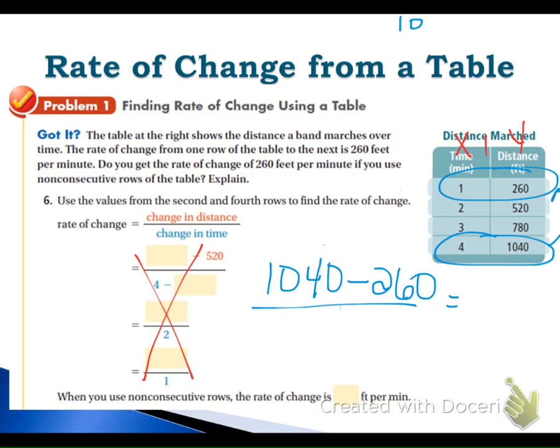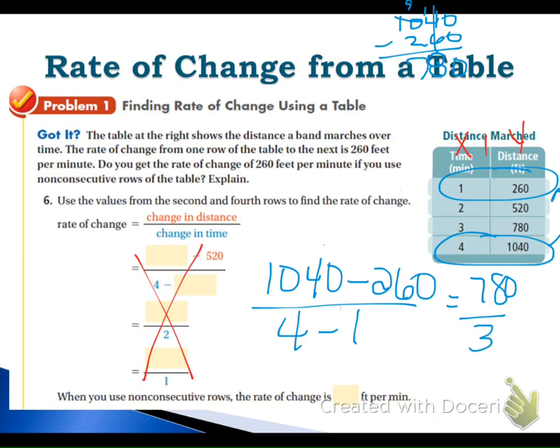Well, 1040 minus 260, let's see, 14 minus 6 is 8, 9 minus 2 is 7, so 780. And then 4, take away 1, is 3. Well, what's 780 divided by 3?